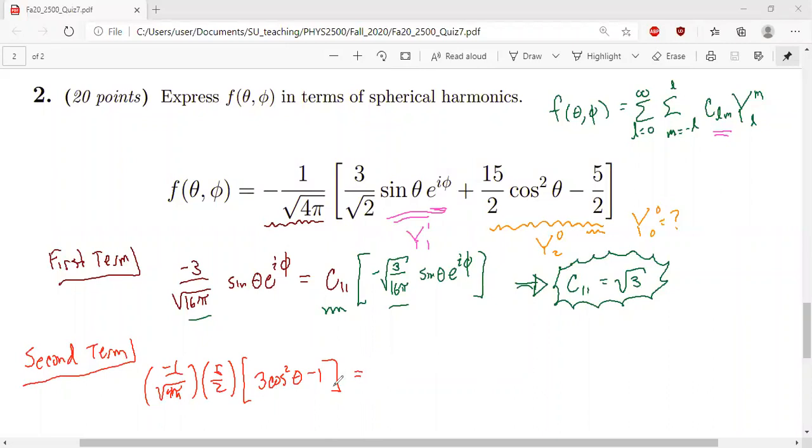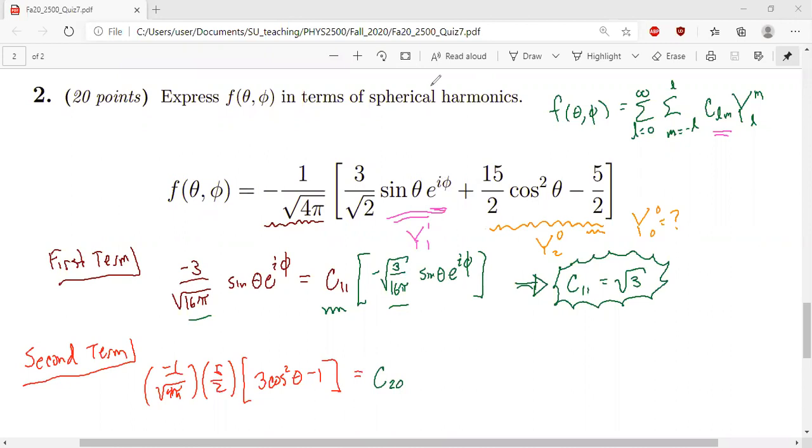That was just in the table itself. Turns out we don't need a Y00 to cover any extra constant. So there was a 3 cosine squared minus 1. That is just the Legendre polynomial, the P2 actually. So this is equal to a thing that we're looking for, C20, times what I read off of the table.